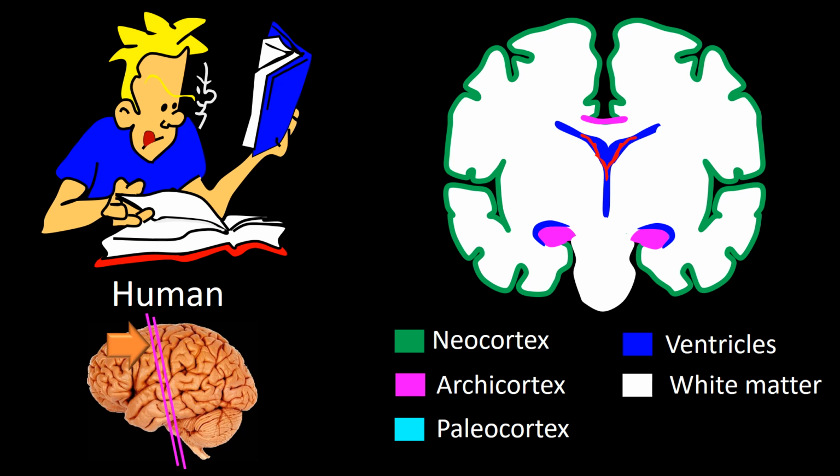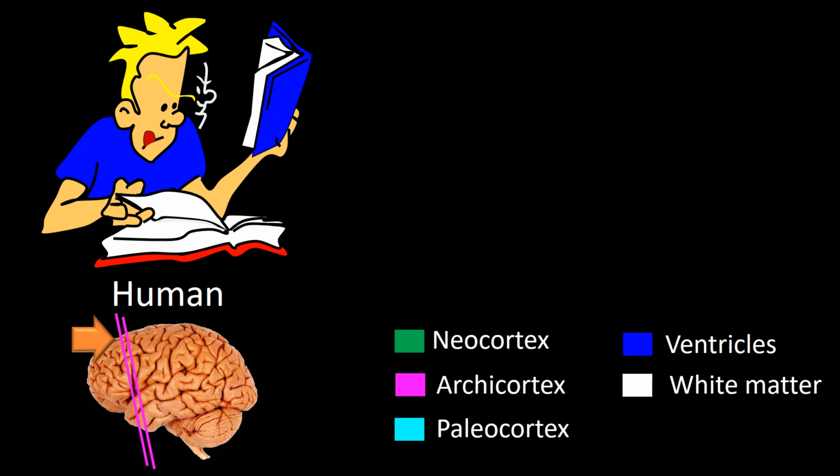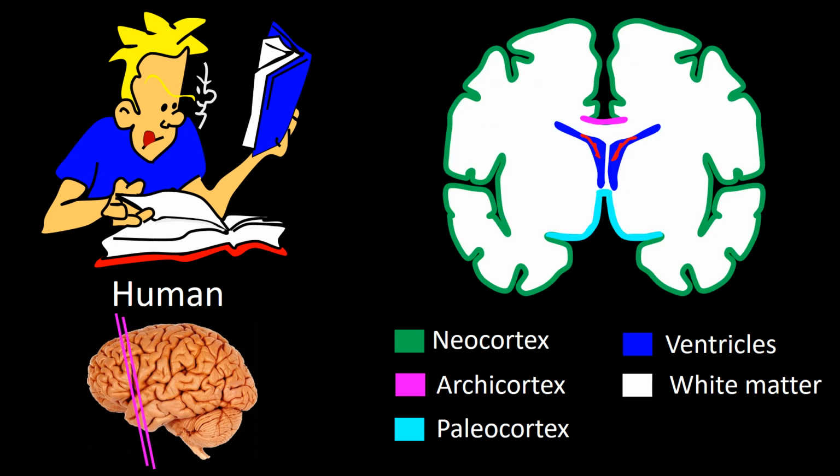To see it, we must make a more anterior cut at the same angle, going from the midfrontal region to the anterior temporal region, such as indicated in this frame. This cut will yield a specimen as represented here. Now we can see the paleocortex at the mesioinferior surface of the cerebrum in the area corresponding to the olfactory brain.